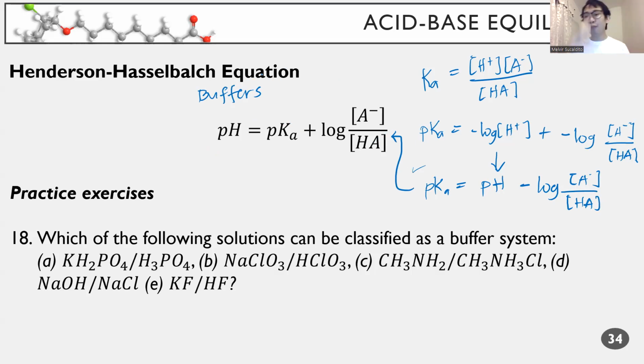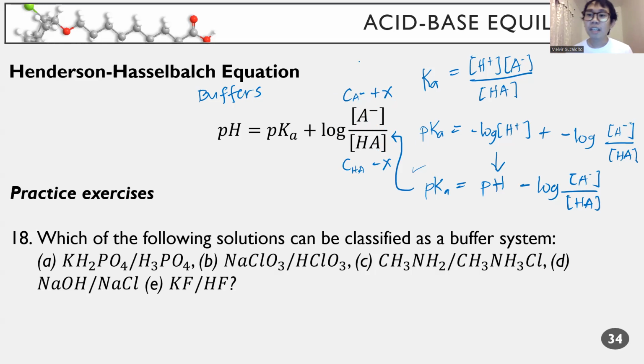Why? Kasi what we do actually is we do direct substitution. Whatever initial concentration we have for the conjugate base and the weak acid, direct substitution na lang siya. So, we do an assumption na, di ba, ito dapat ay initial concentration ni A minus plus X, and this is initial concentration of HA minus X. Tama?